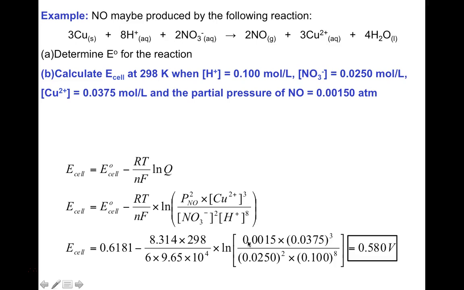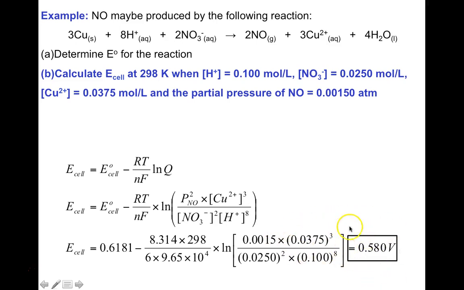It's going to end up being the pressure of NO, squared, multiplied by the concentration of our copper ions, cubed, divided by the concentration of NO3-, squared, multiplied by the concentration of H+, raised to the power of 8. This doesn't have the square here for some reason.